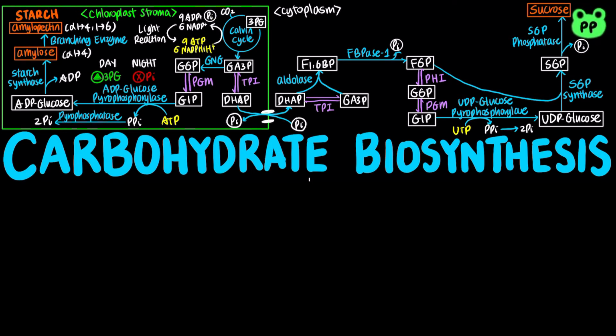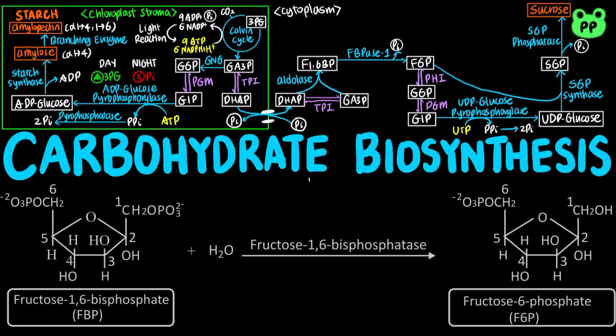Since sucrose is made of both glucose and fructose, sucrose biosynthesis is regulated by the availability of both substrates. The availability of fructose 6-phosphate is regulated by the activity of fructose 1,6-bisphosphatase 1, abbreviated as FBPase1, as well as the enzyme that reverses its action, pyrophosphate-dependent phosphofructokinase, abbreviated as PFK1.